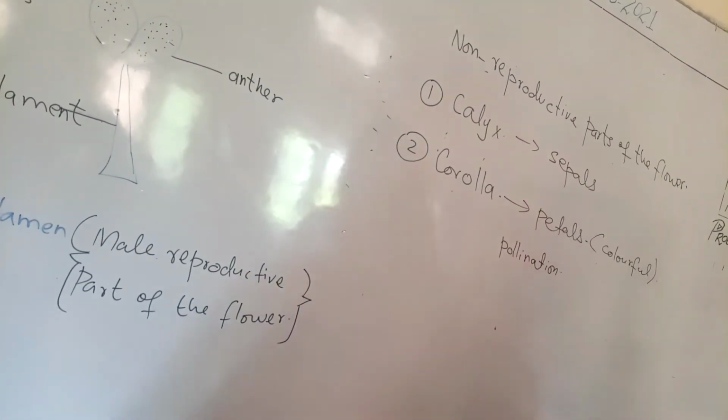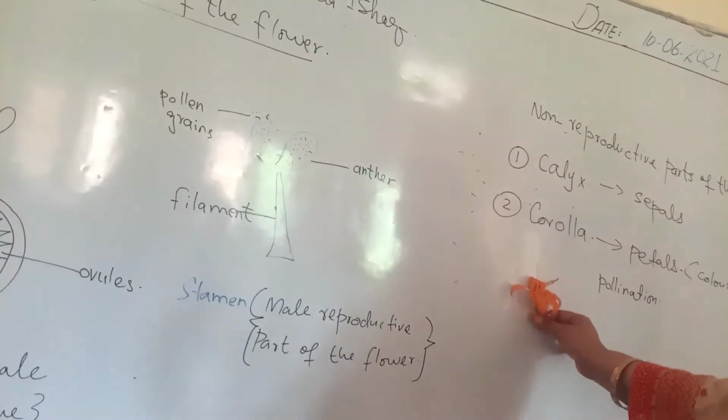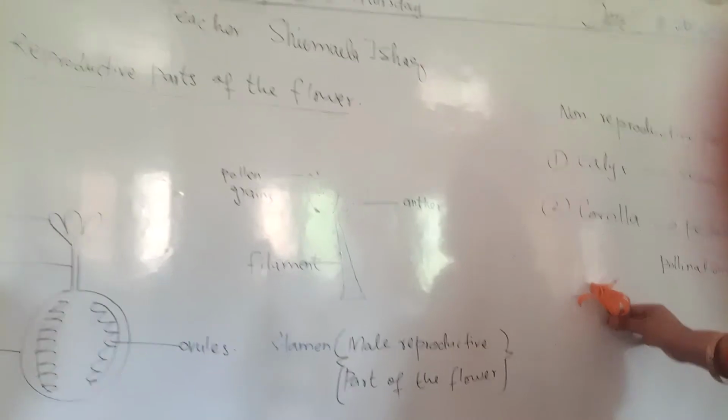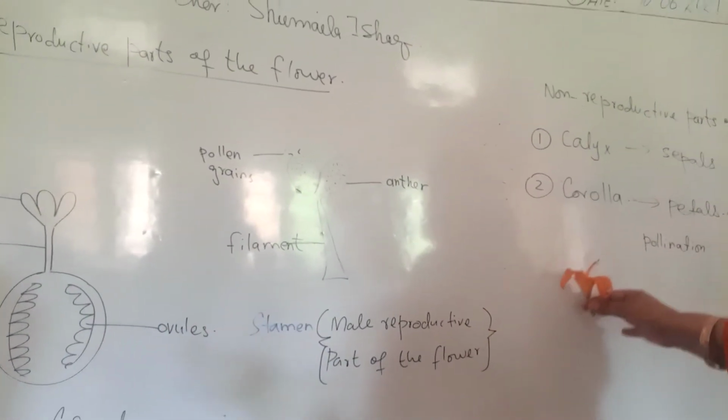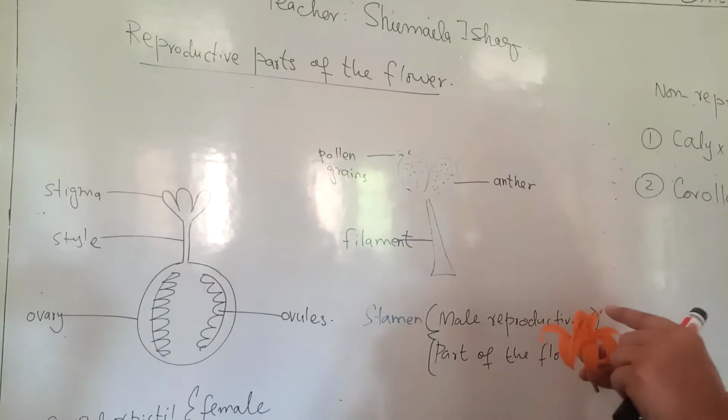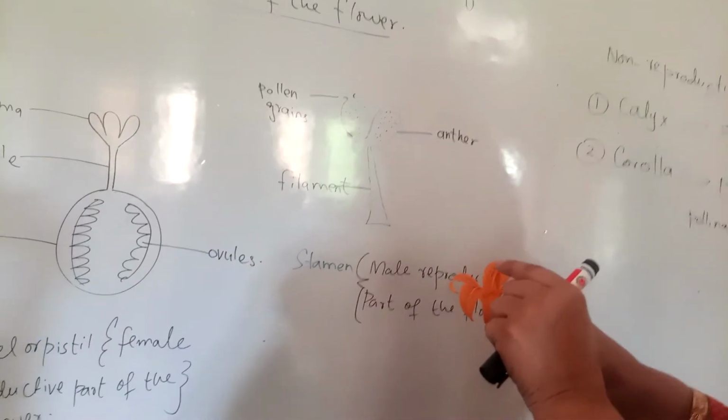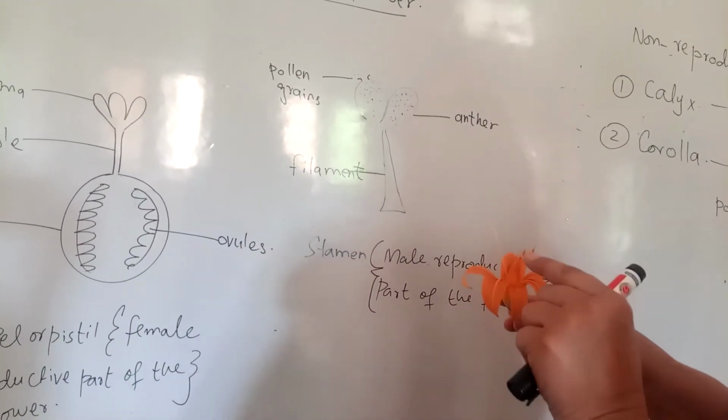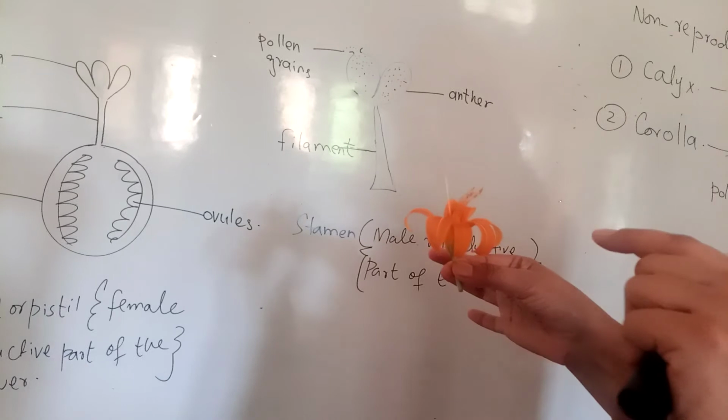So this is the overall explanation of the male and female reproductive parts of the flower, and once more I would like to summarize. This is the male reproductive part containing anther and filament. Anther produces pollen grains.